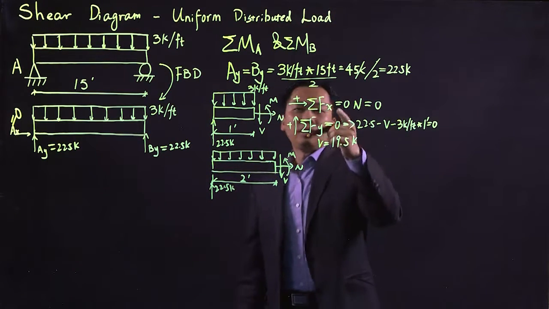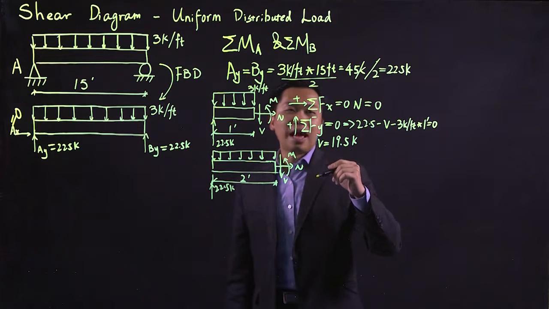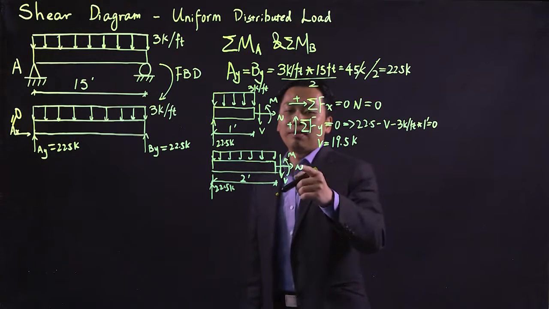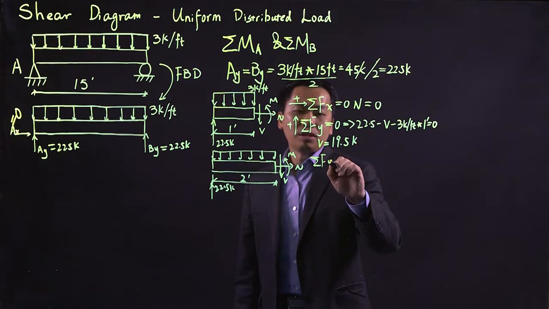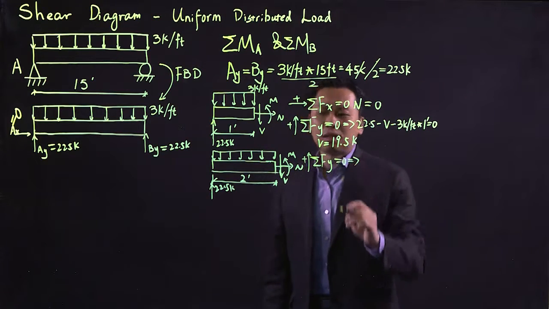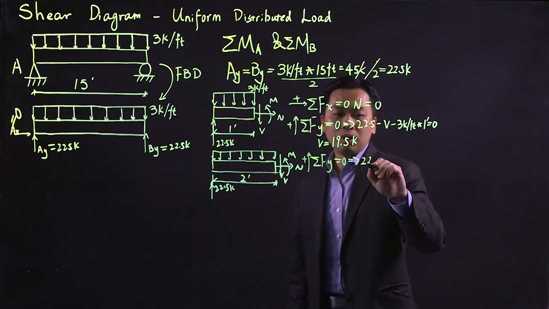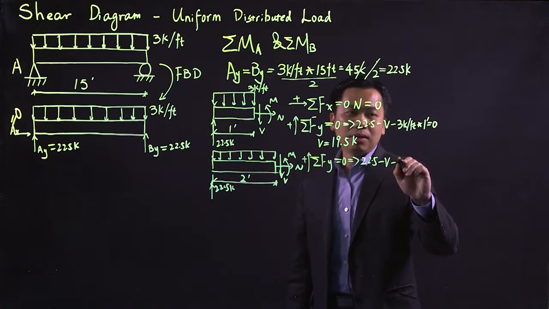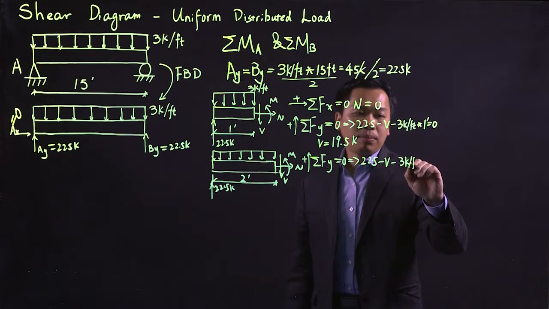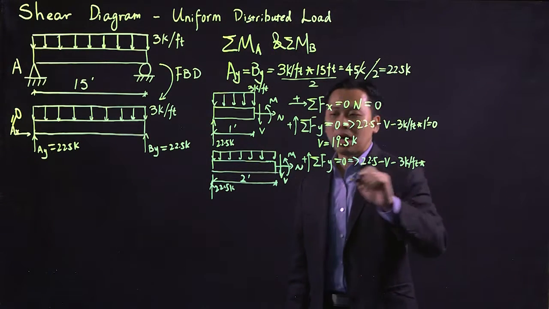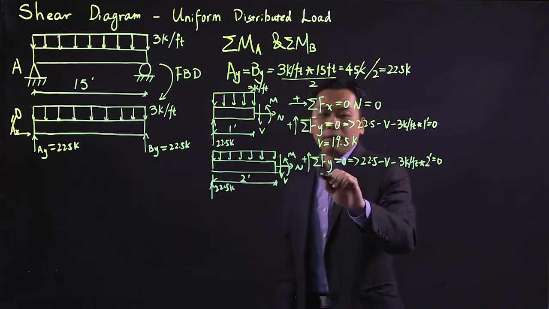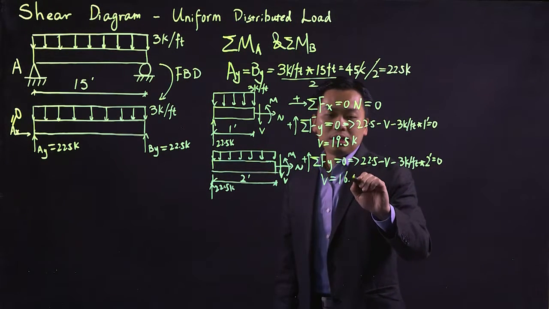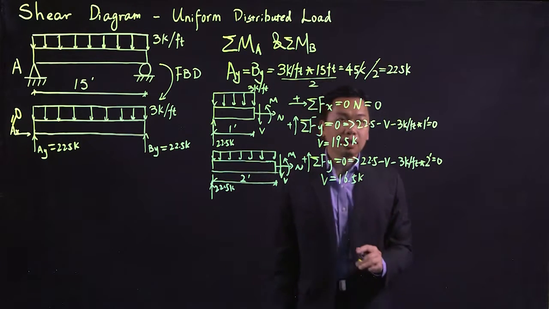You do the same thing: summation of the x direction force equal to 0, you have your N equal to 0. If you sum the forces in the y direction, going upward as positive, then you have 22.5 minus V minus 3 kips per foot. This time you're going to have 2 feet. Therefore your shear is equal to 16.5 kips.